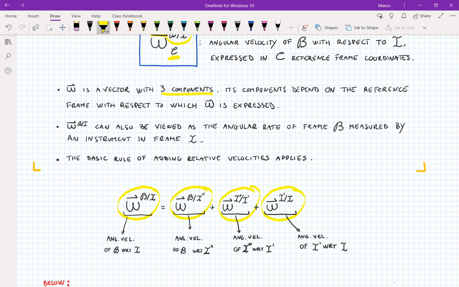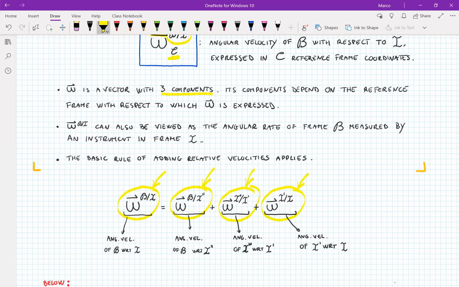So the angular rate of B with respect to I is equal to the angular rate of B with respect to I double prime plus the angular rate of I double prime with respect to I prime, and then finally plus the angular rate of I prime with respect to I.